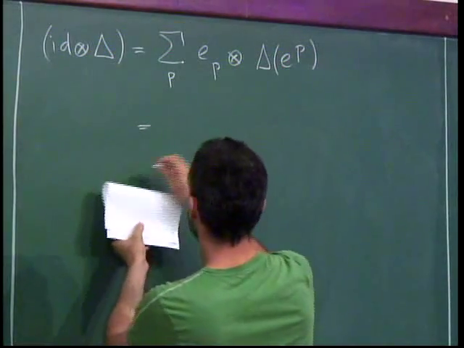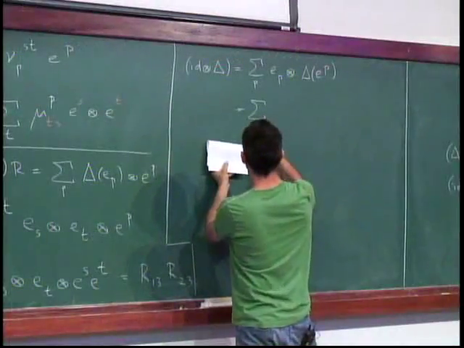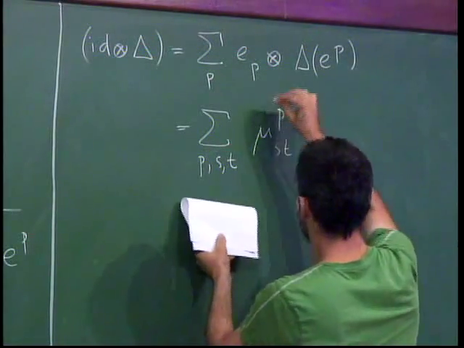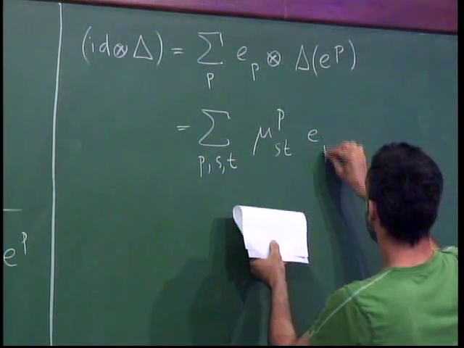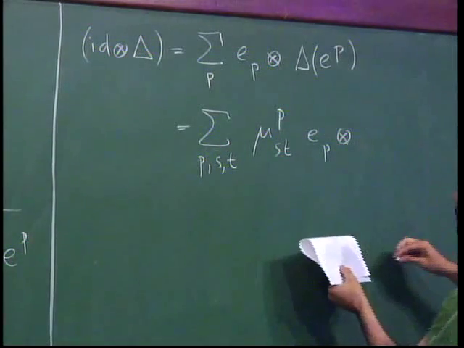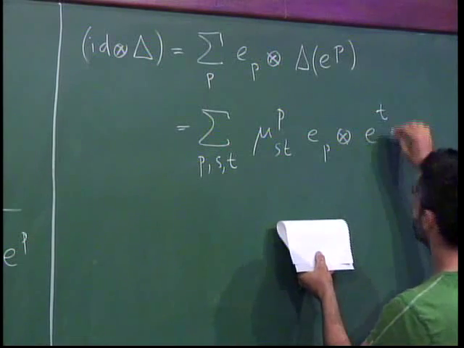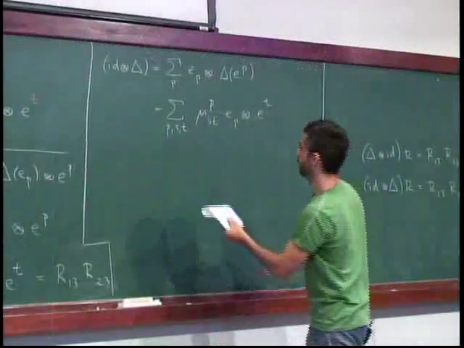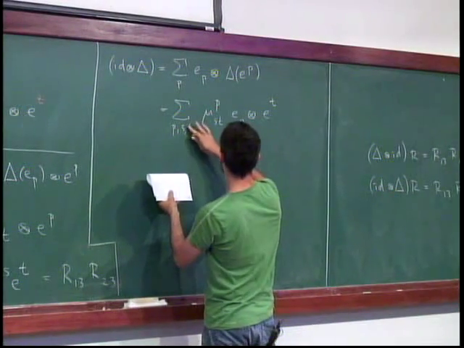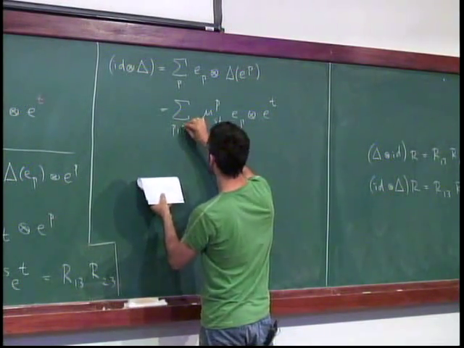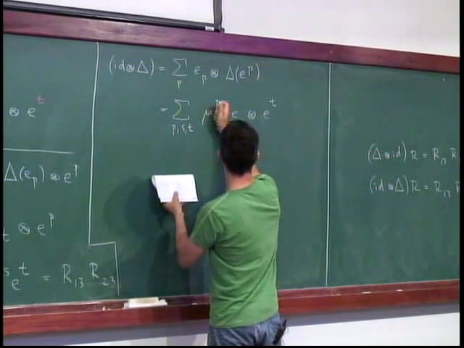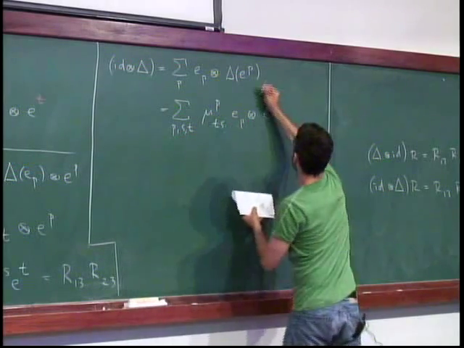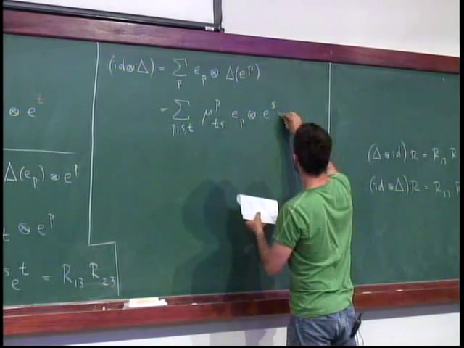OK, we go on. Triple summation. Now I use mu, because that's the coproduct in that algebra. ST is good, but I need to use TS. That's exactly what I tried to emphasize over there.